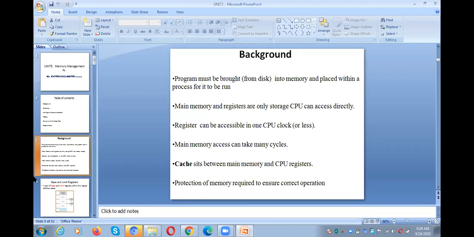It is the responsibility of the operating system to allocate some memory to the user program. I already told you the entire main memory is divided into two partitions.